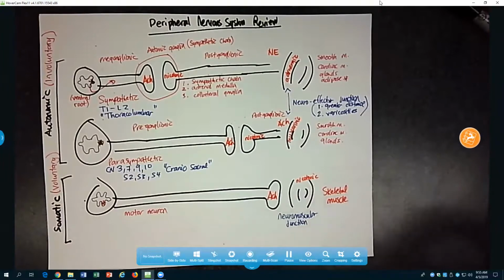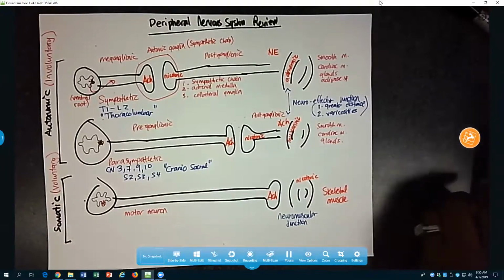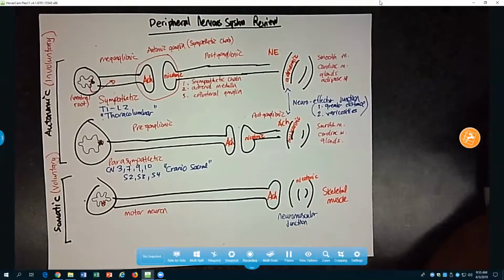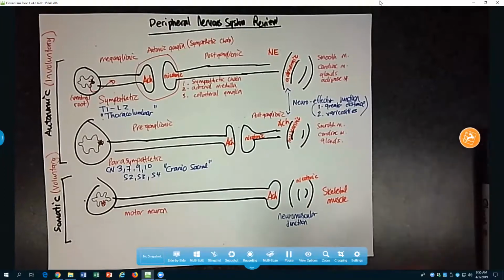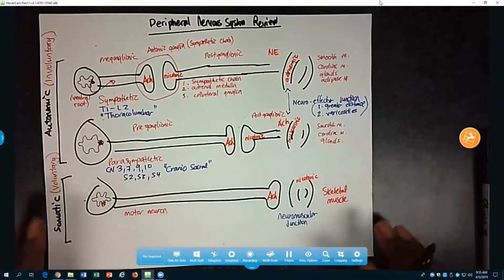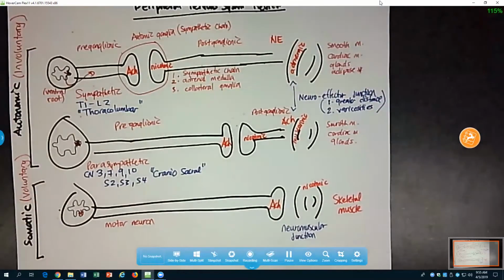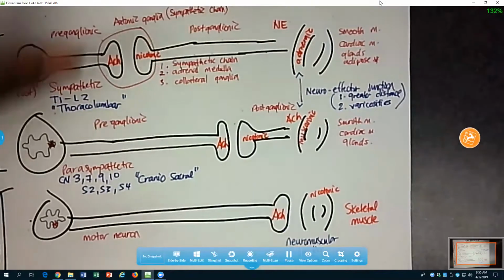All right. Okay, and the last thing we're going to touch on is these receptors, the adrenergic receptors, and how we classify those and their function. Are we good with this picture? Question? Here?